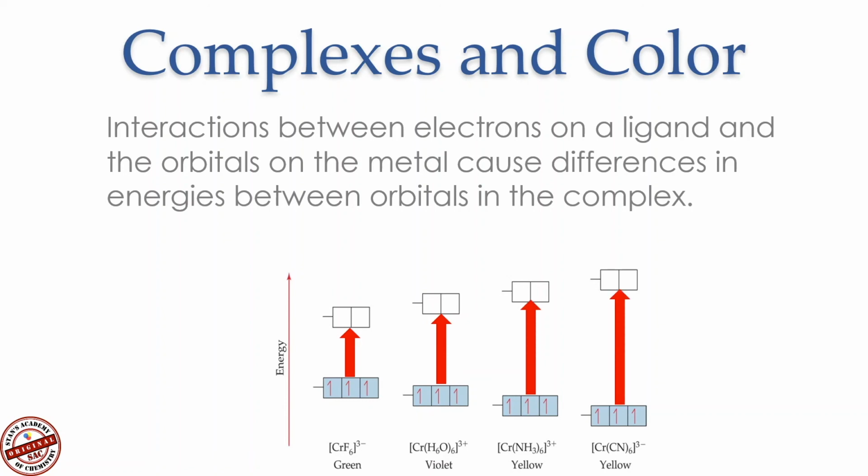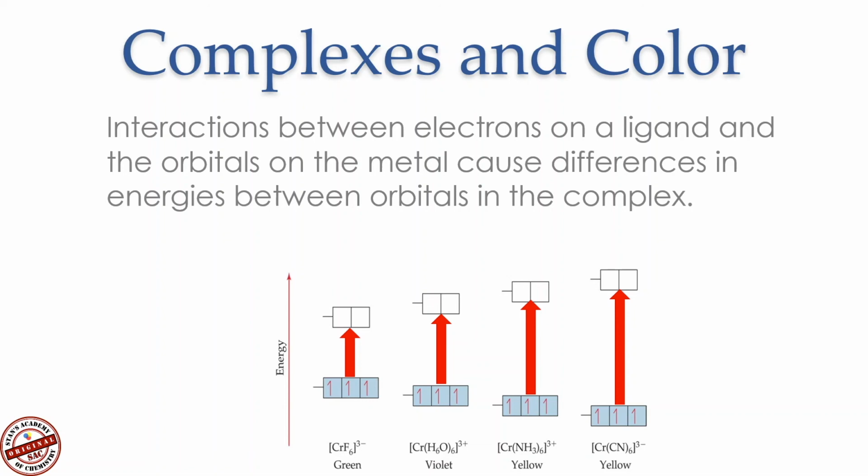The cyano complex has the highest crystal field split. If you compare the wavelength absorbed by CrF6 and Cr(CN)6, you'll find that CrF6 absorbs the longer wavelength and Cr(CN)6 absorbs the shorter wavelength, which means E equals hc by lambda.